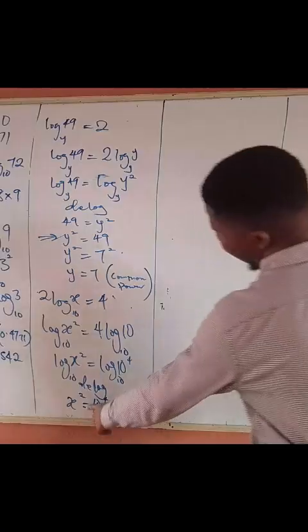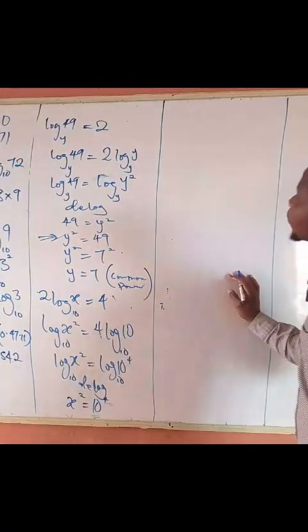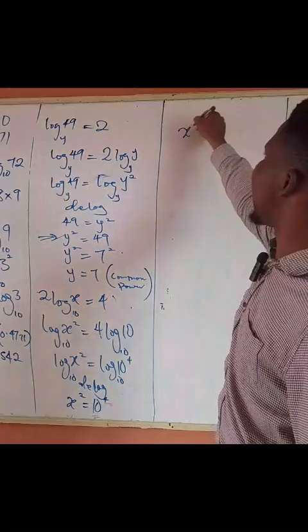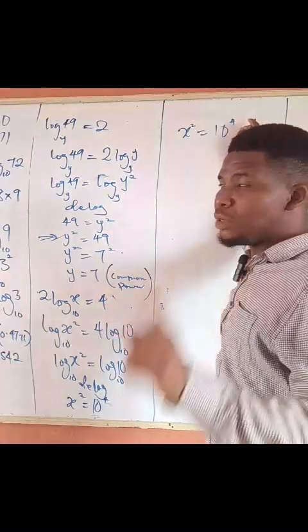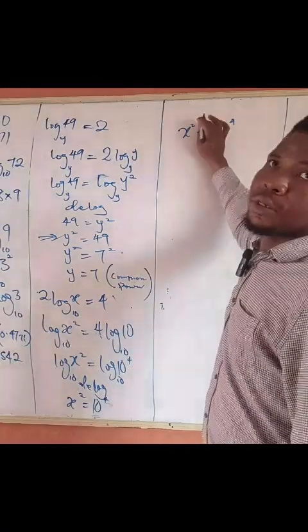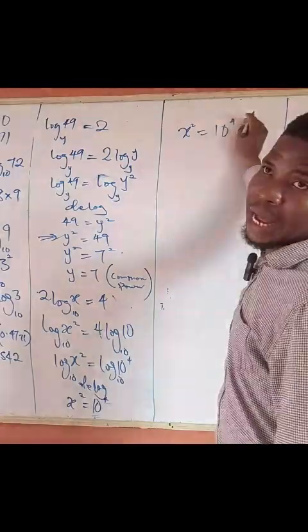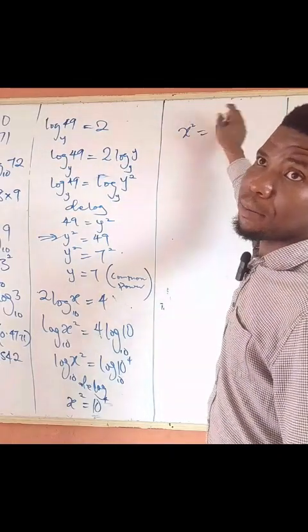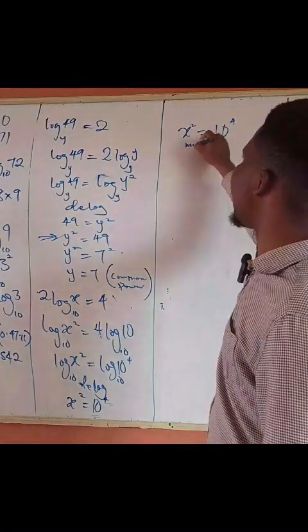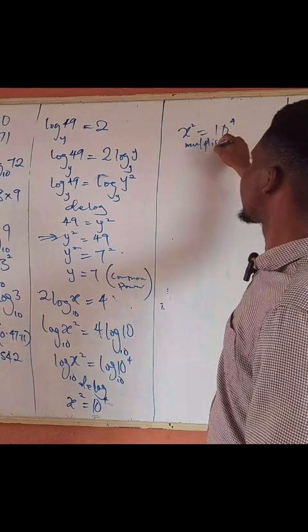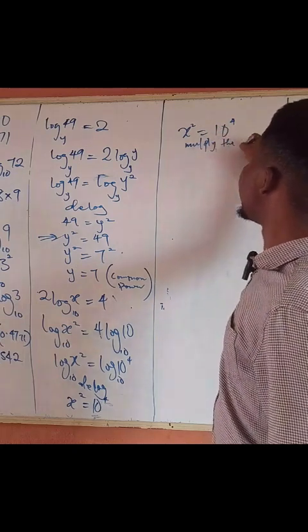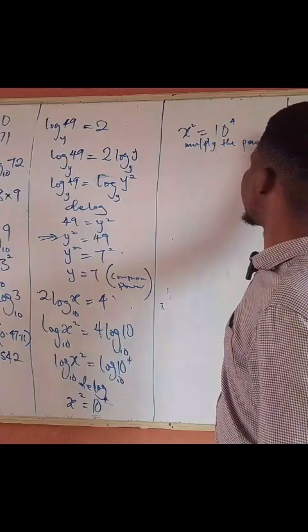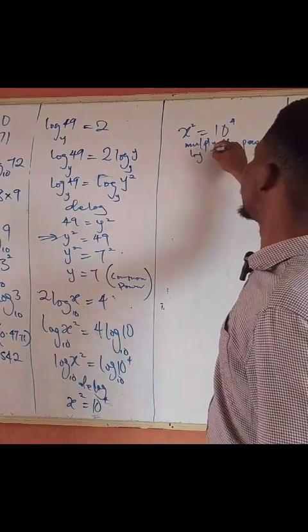So now, how do I solve this? When I have x raised to the power 2 equal to 10 raised to the power 4, how do I solve it? The best way to solve it, because of this power, is to square root both sides, or you multiply the power by 1 over 2.